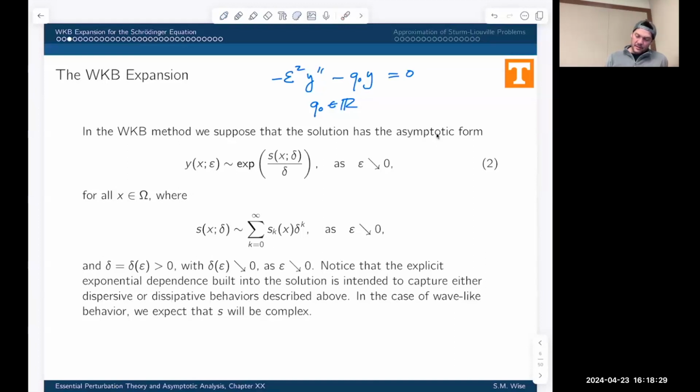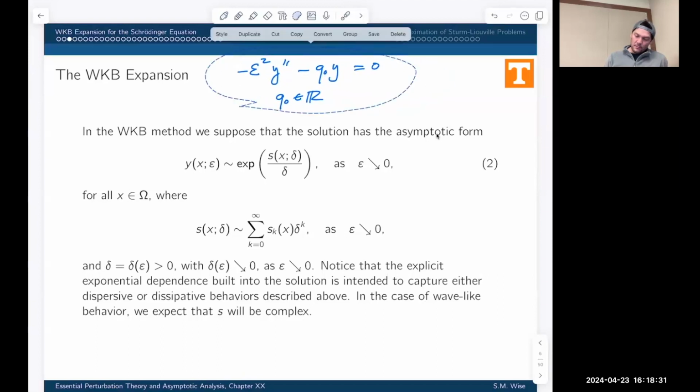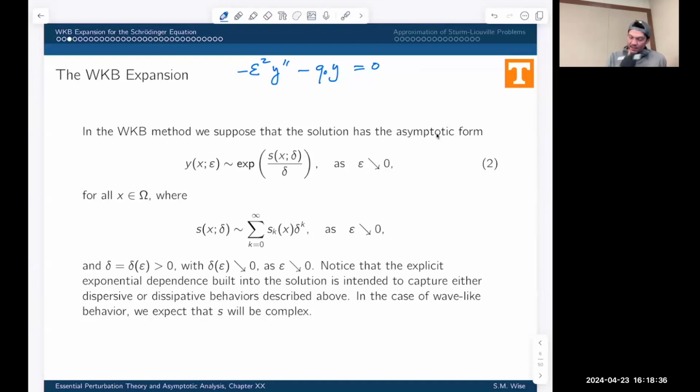Well, we do our usual technique: we plug in a solution ansatz of the form y equals e to the R X. Then y prime is R e to the R X, and y double prime is R squared e to the R X.